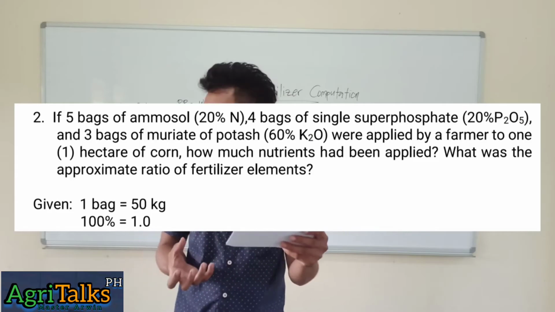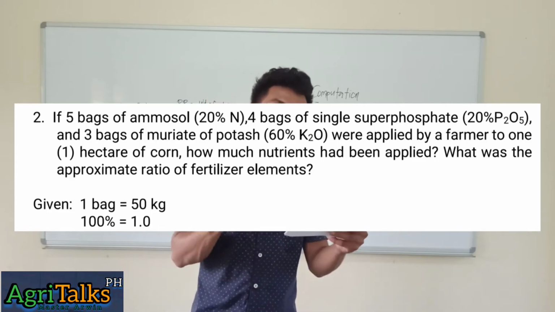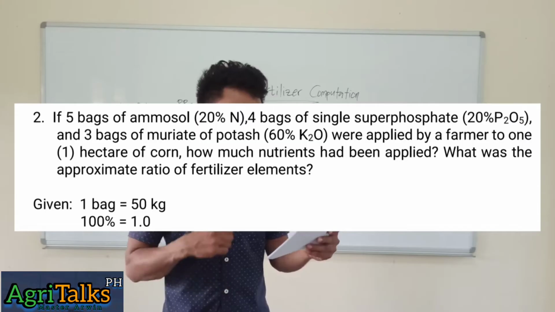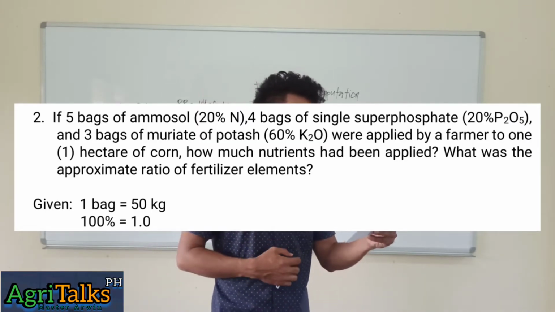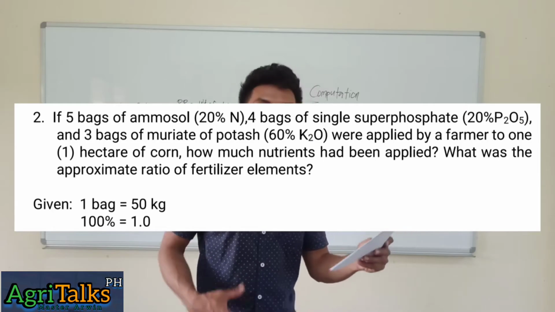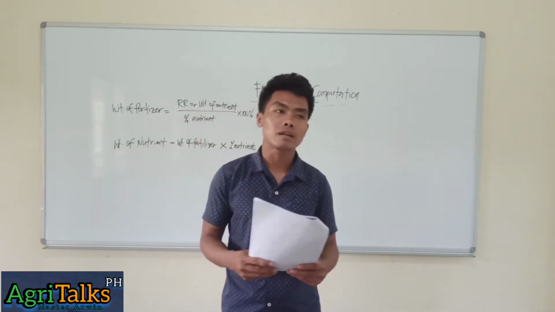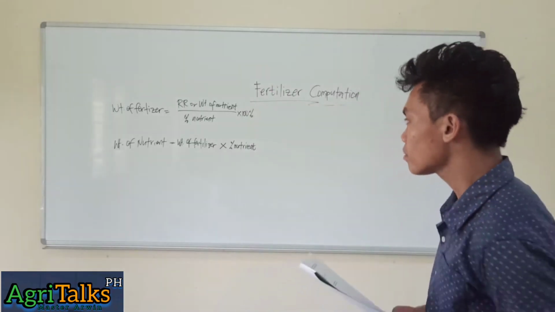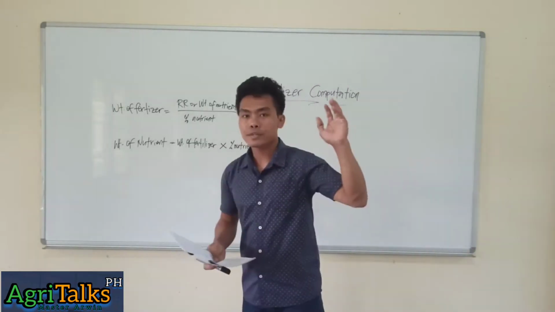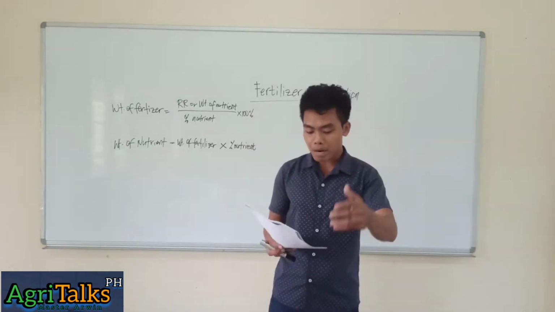The question is, how much nutrients had been applied? And what was the approximate ratio of the fertilizer elements? Okay, so that would be the problem.